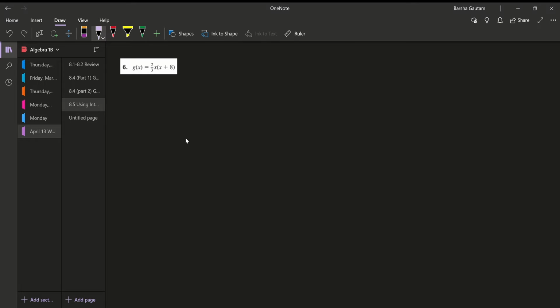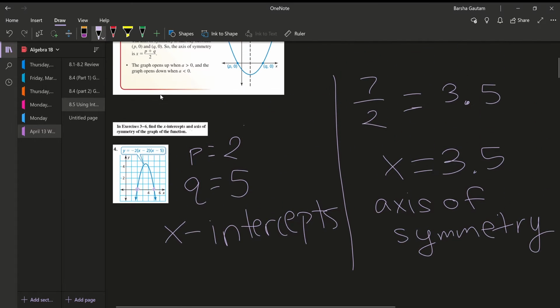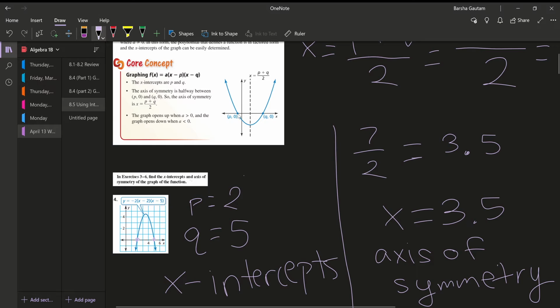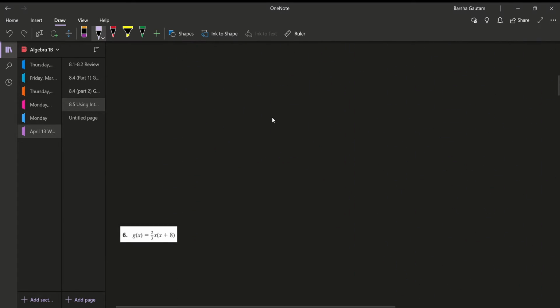Alright, so for this one, we're not provided a graph, but how will we be able to find out what our x-intercepts are then? Well, we can just go ahead and find the zeros, because the x-intercept, as you can see right here, is when y is equal to 0. So in this case we have g of x, so let's make g of x equal to y.